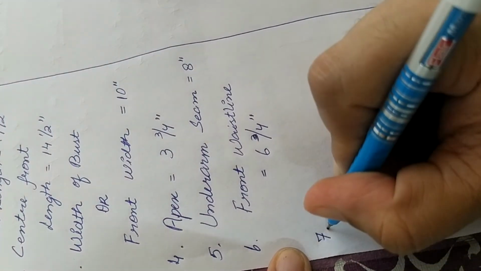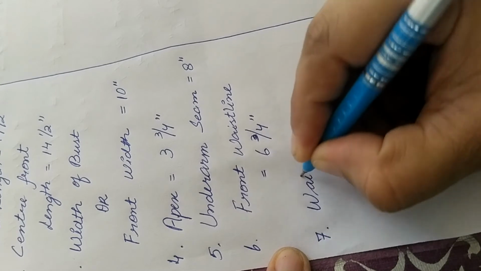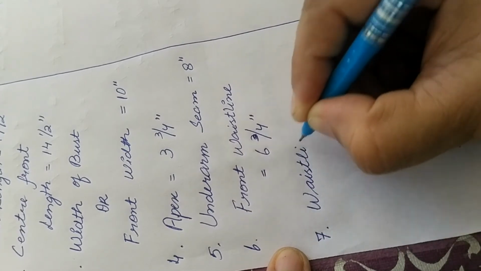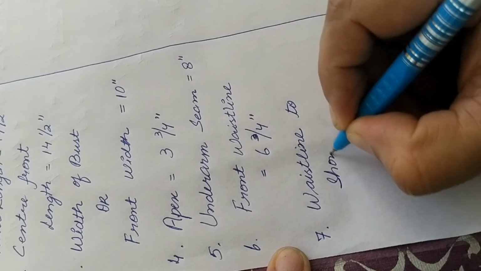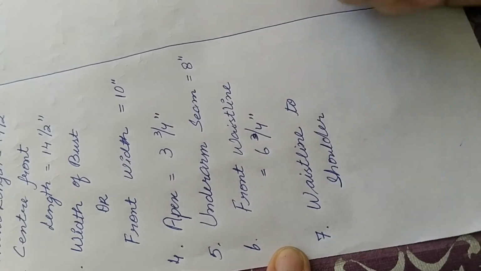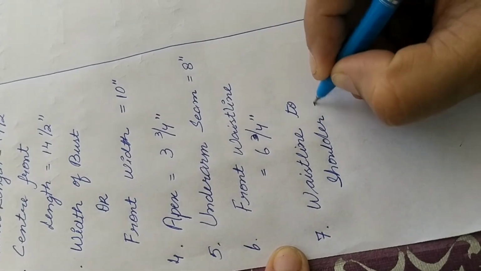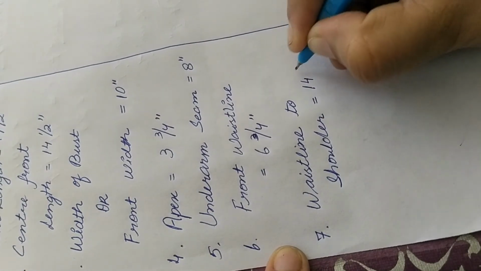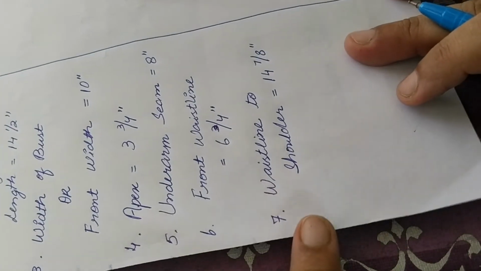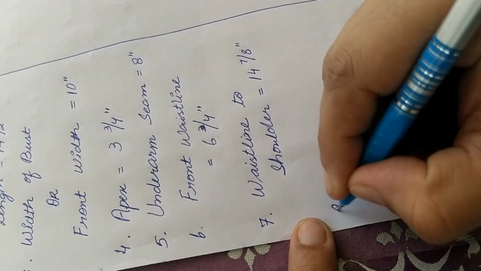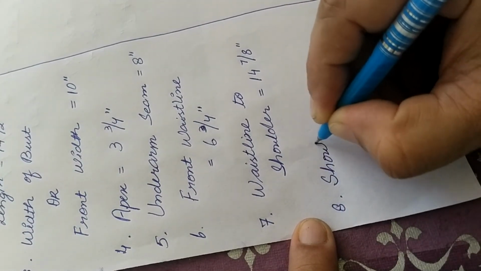Then the next measurement after this is waistline to shoulder. Or you can call it shoulder to waistline, anywhere around. And this measurement is 7 by 8 inches. Okay. Then the next measurement is shoulder length.